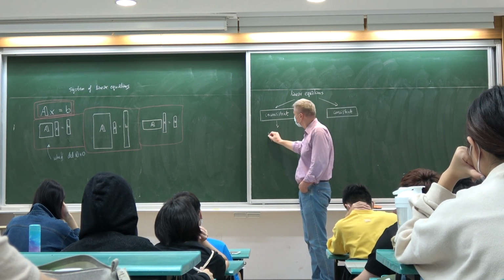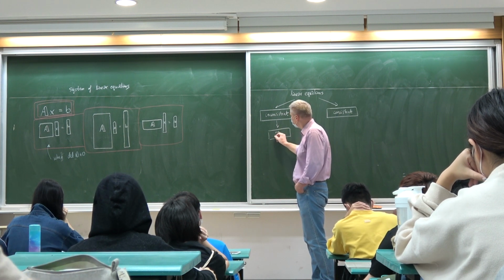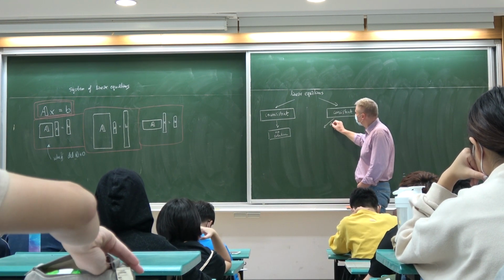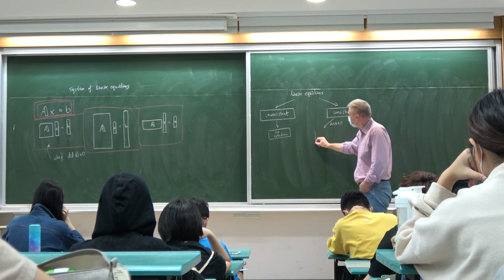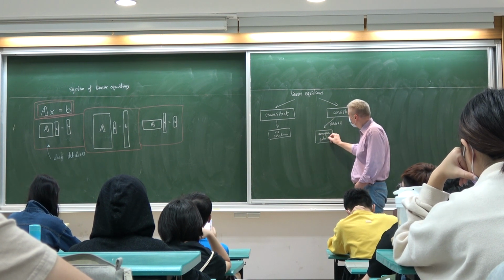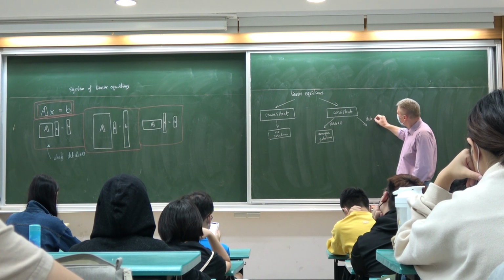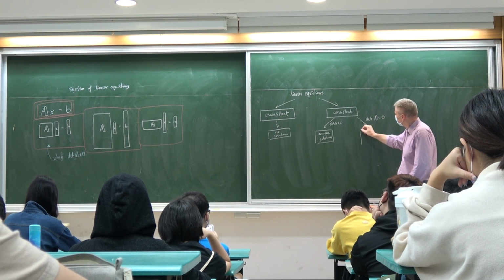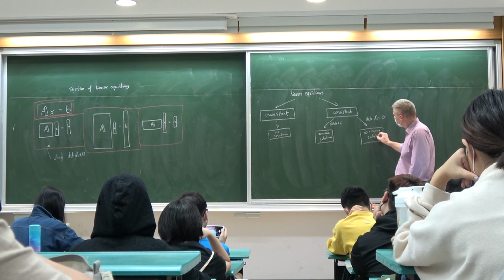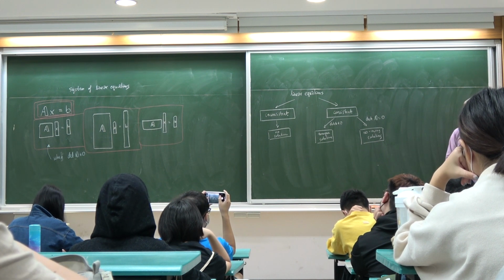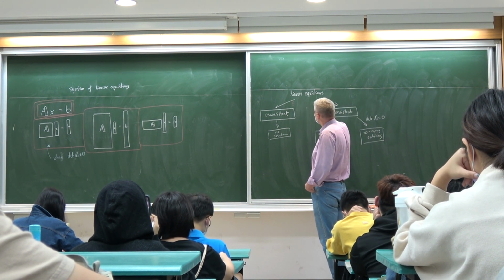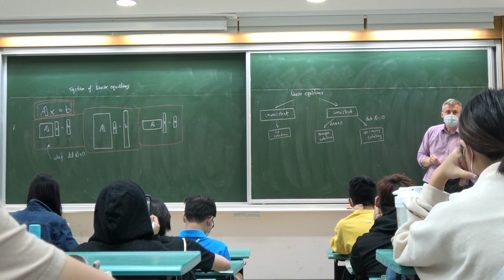In this case, there is no solution. In this case, if the determinant of A is different than 0, there is a unique solution. And when the determinant of A is 0, infinitely many solutions. So the first thing that we should learn is how to recognize if we have a consistent or an inconsistent set of linear equations. And that's what we are going to do in a moment.